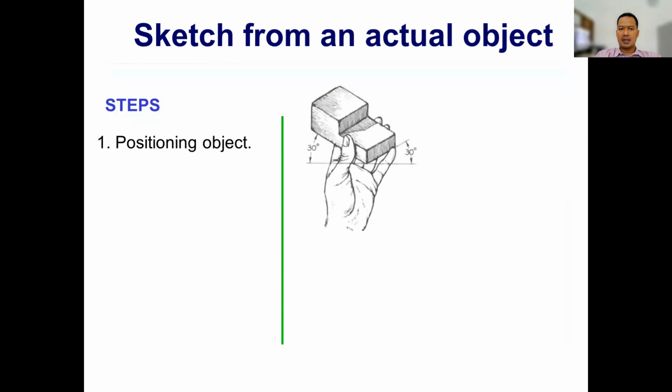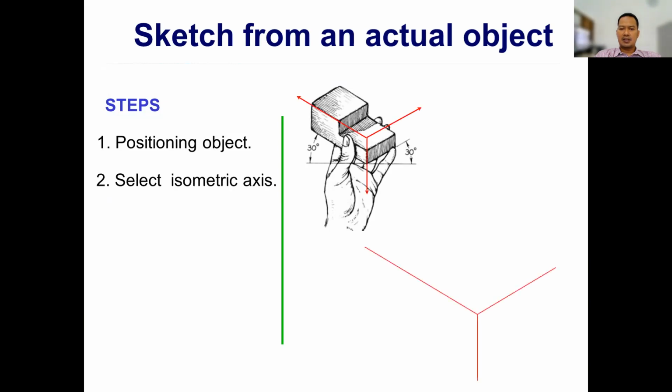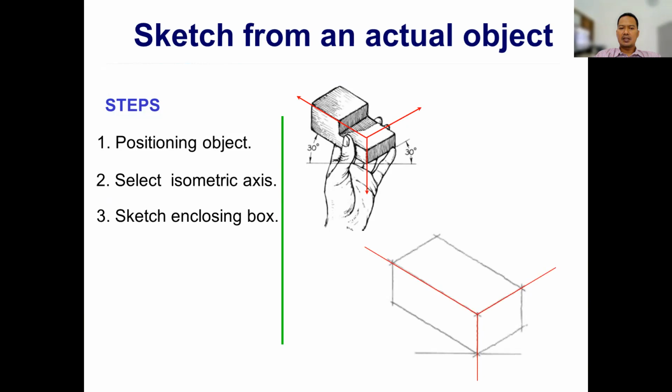For example, step 1, positioning the object. You have to make a proper position of the object like this, for example at around 30 degrees. And then select the isometric axis and sketch the enclosing box.